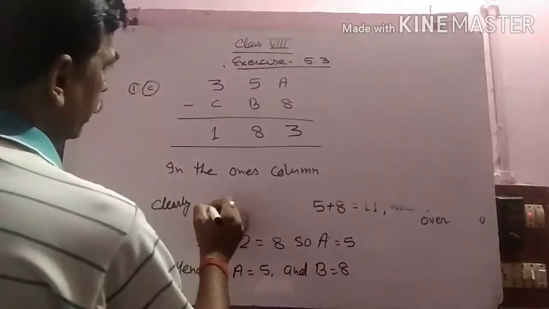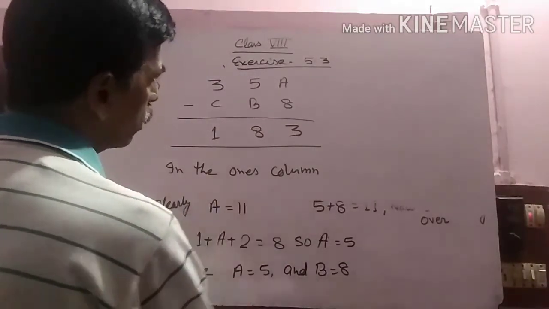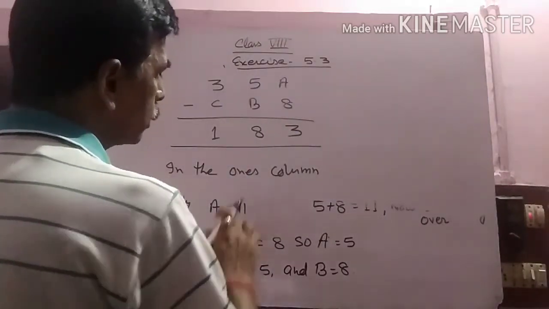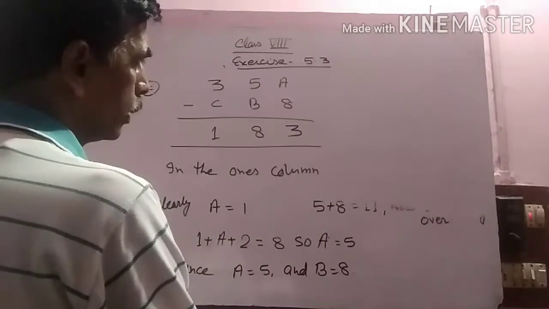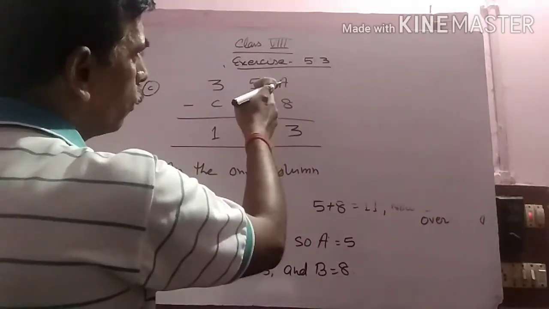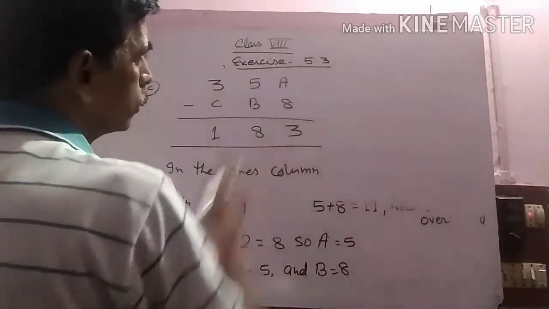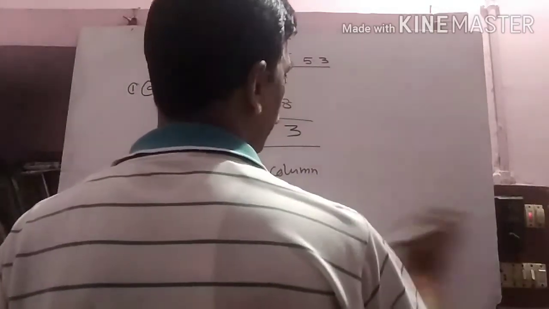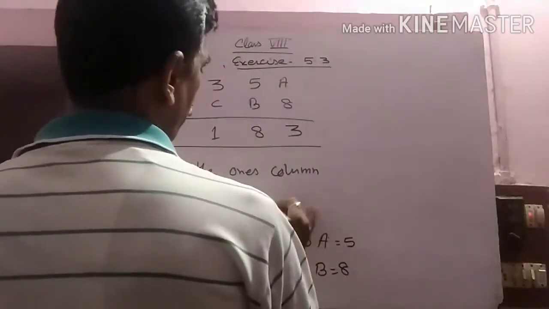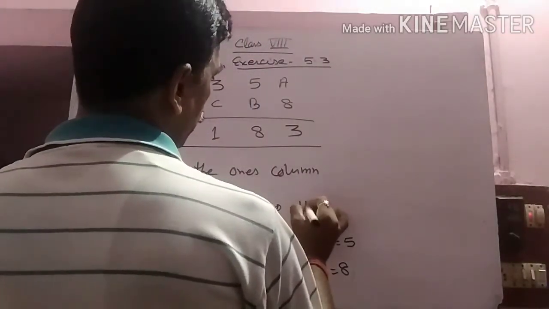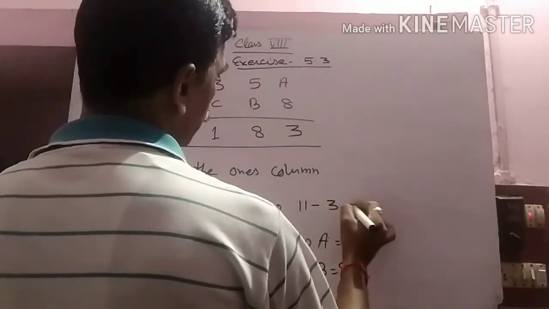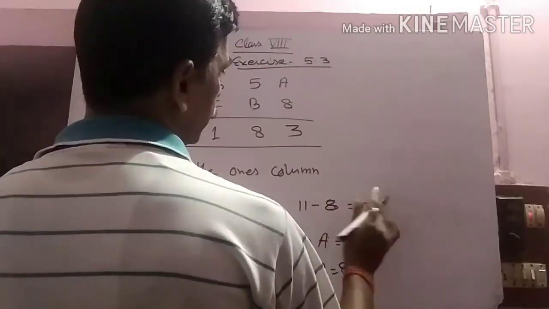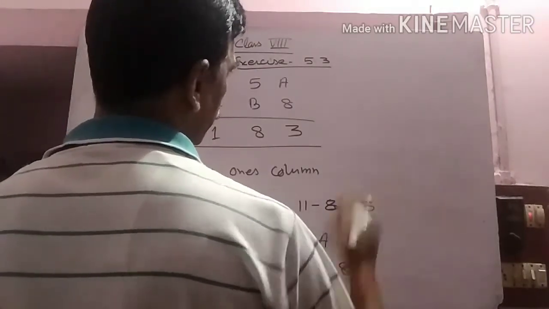So clearly A would be 11, but the ones column can't be 11. So it means A is equal to 1, because it carried 1 from the previous column. So it becomes 11 minus 8 is equal to 3.